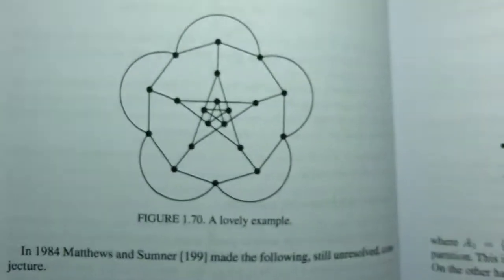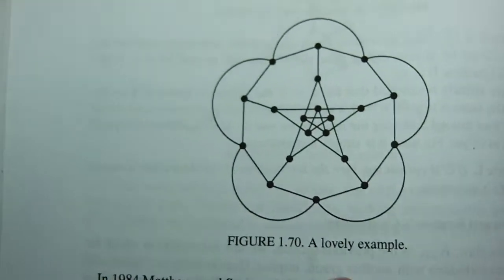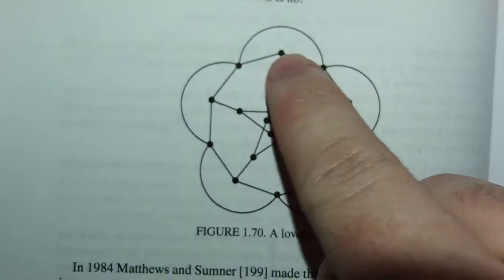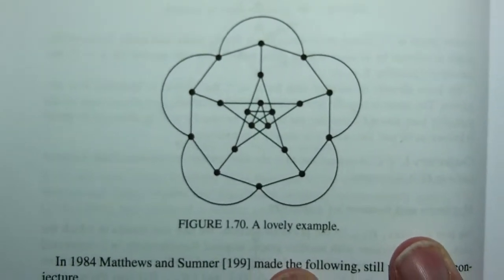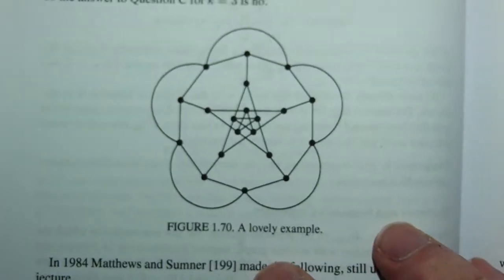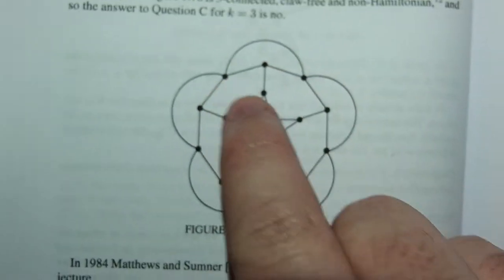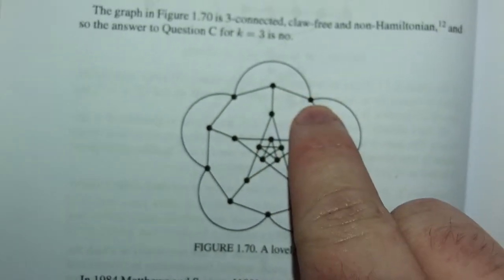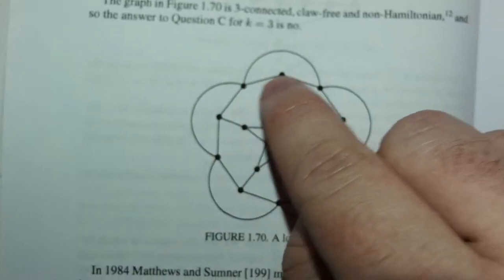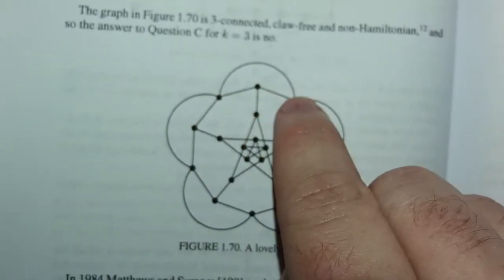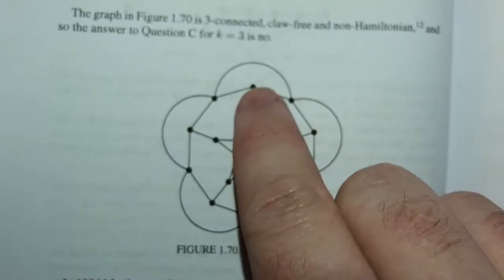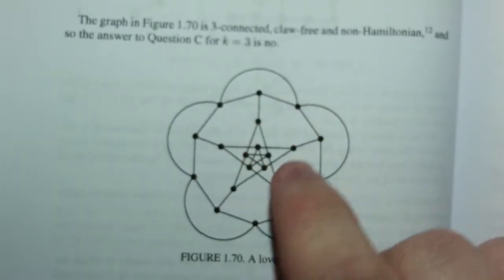Let's go back to our lovely example we were just looking at. Why is the claw not an induced subgraph of this graph? Well, what are you suggesting? You're suggesting that I pick these 4 vertices. So here, here, here, and here. I see in my brain the claw right there, but if we've chosen those 4 vertices, and I say, yeah, the claw on those 4 vertices is an induced subgraph.